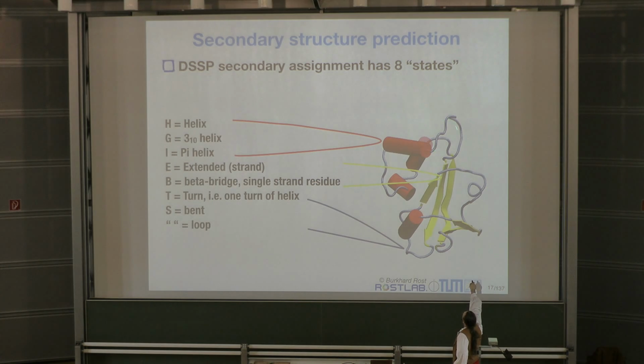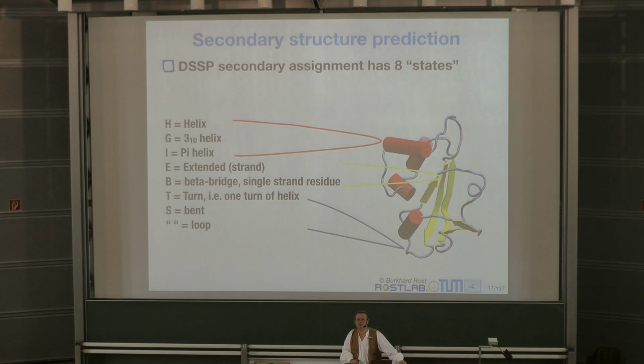Even the ones that are not helices, not strands, typically are not for that long stretched or elongated. That's historically why it was called extended. Beta bridge here is simply a short stretch. And all the others typically are referred to as other.